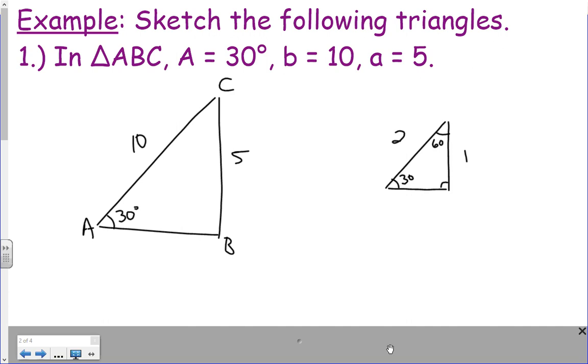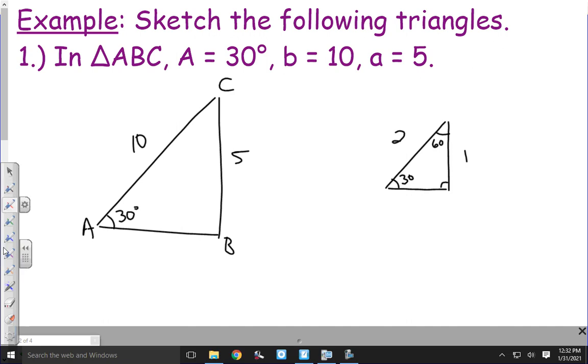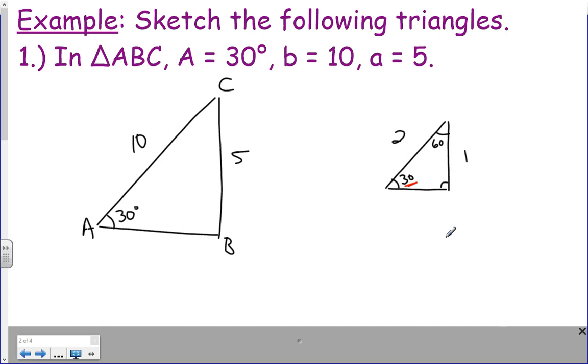So the relationship between those two sides, if I've got a 30-degree angle, is 1/2, which is the situation I've got here. The side opposite angle A, the 30 degrees, is 5, and one of the sides adjacent to angle A is 10, so that ratio is 1/2. We've got ourselves a right triangle.